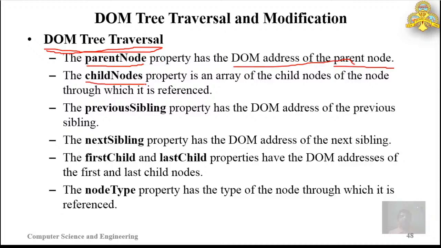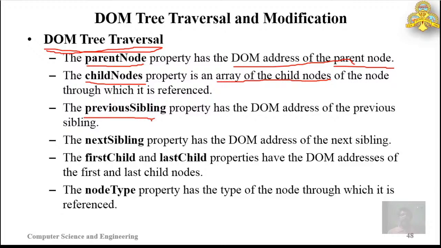Likewise childNodes, observe that it is child nodes, not child node, because any element can have any number of child nodes. So we can't restrict to just one or two or three. That property is essentially an array of the DOM addresses of child nodes. previousSibling is the property that provides the address of the previous sibling.